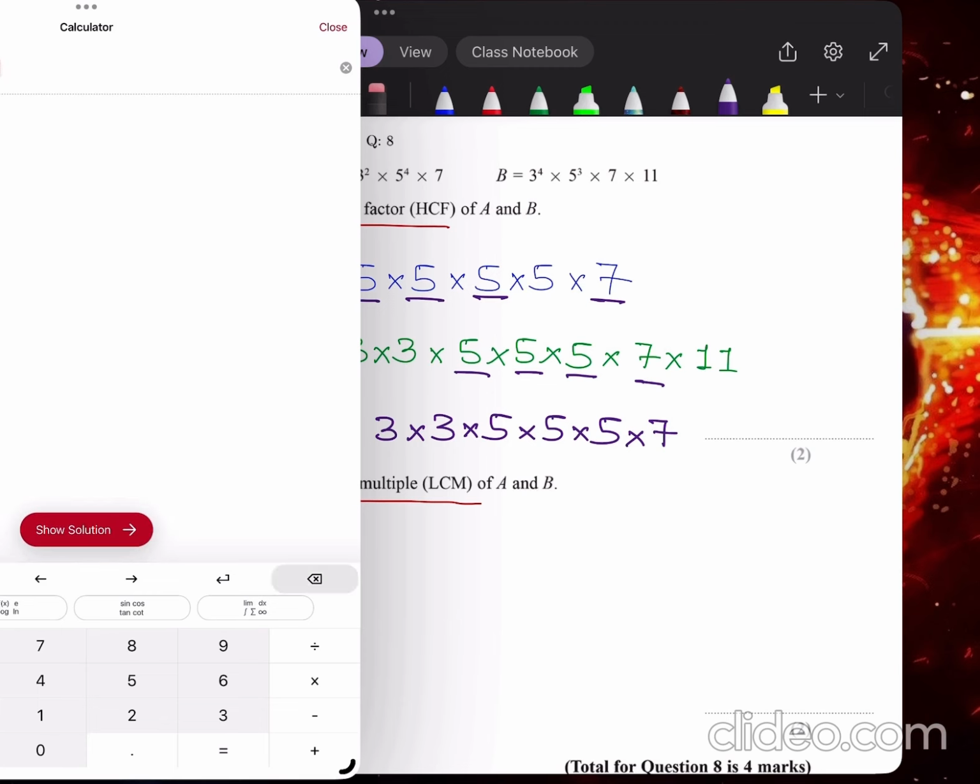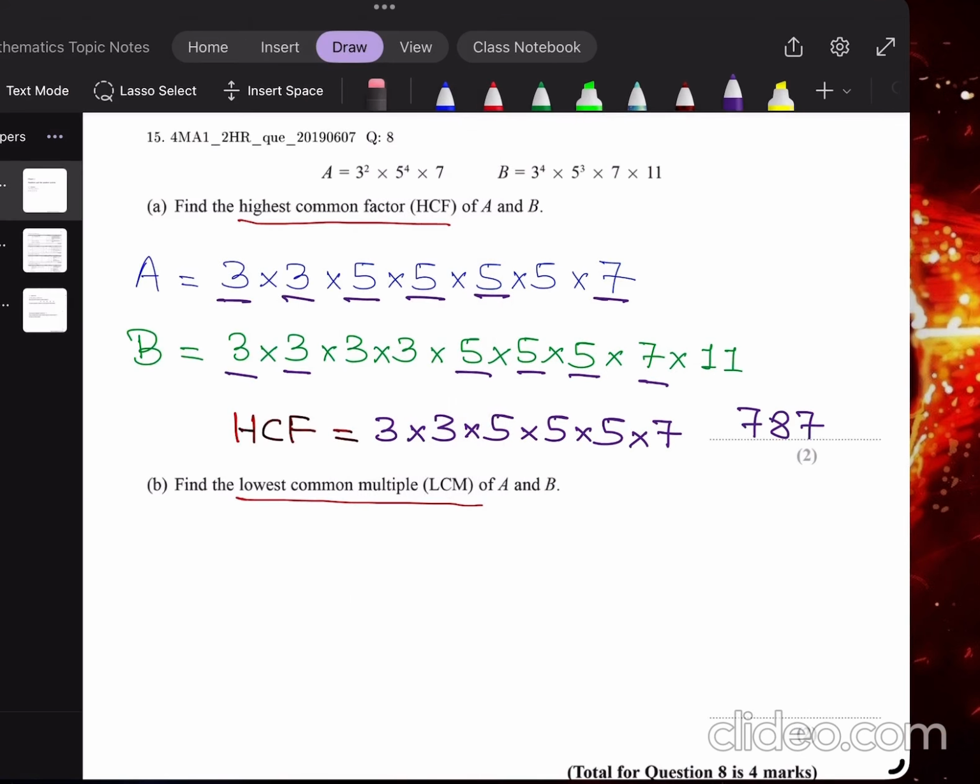It's basically 3 times 3 times 5 times 5 times 5 and then times 7. Let's see what answer we get. 7875 is the right answer. 7875 is the HCF of the numbers A and B, right?